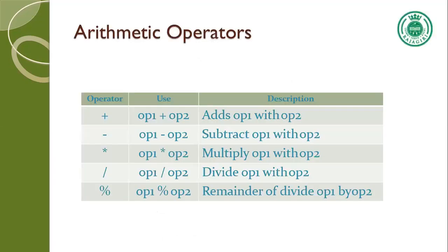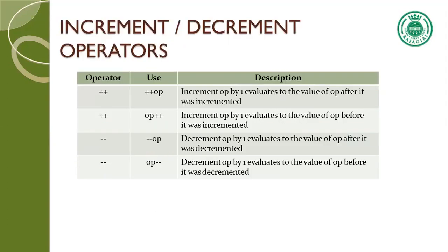Let's have a quick go through the various arithmetic operators. OP1 plus OP2, you can add two operands, you can subtract two operands, you can multiply them, you can divide them, you can do a modulo to get the remainder. And then we have the increment operators and the decrement operators.